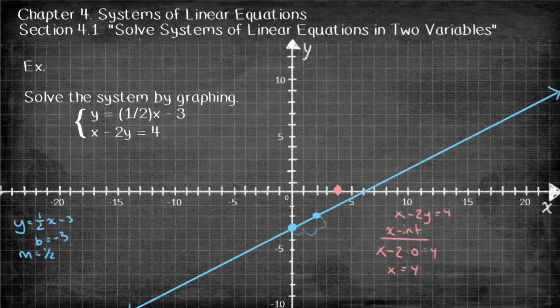Okay, cool. And how about my y-intercept? So I plug in 0 for x and I get negative 2y is equal to 4, or y is equal to negative 2. Cool.